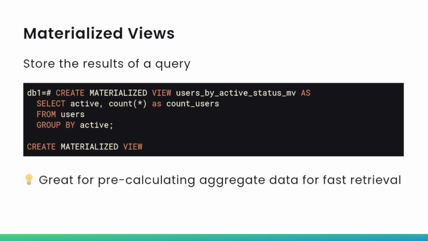So to create a materialized view, we can use the command create materialized view followed by the name, users_by_active_status_mv. I personally like to add an MV suffix to the name of all the materialized views to indicate that this is a materialized view and not an actual table that I can manipulate.